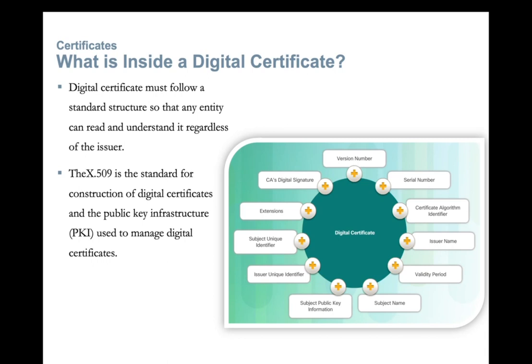Second is the serial number, a unique identity; this serial number uniquely identifies the certificate. Then the certificate algorithm identifier, another standard: the name of the public key algorithm used by the CA to sign the digital certificate.